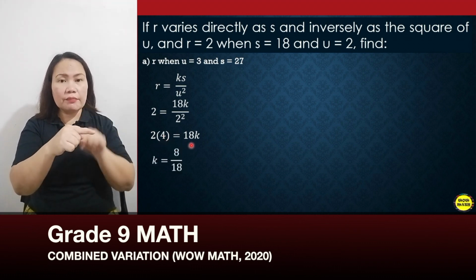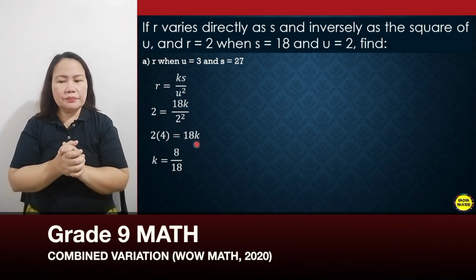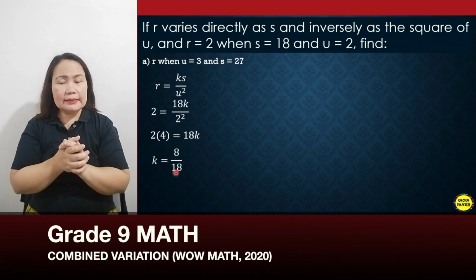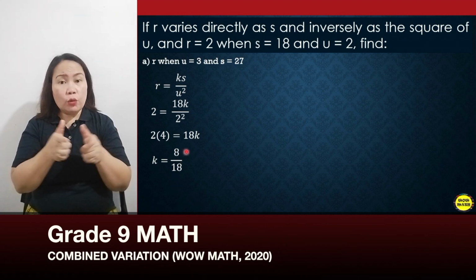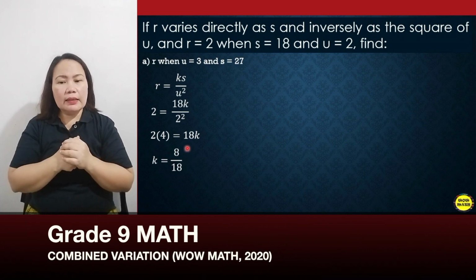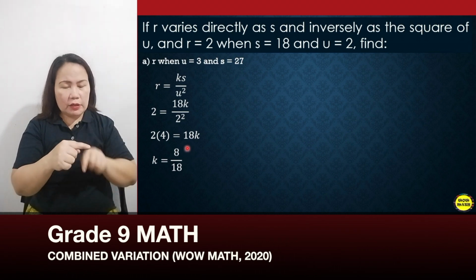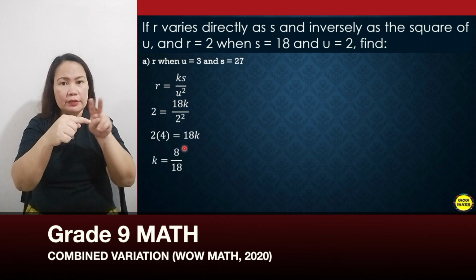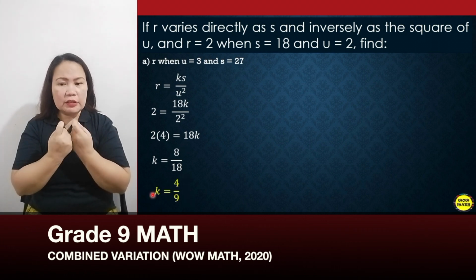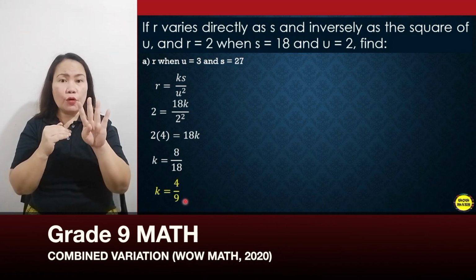So para makuha natin yung k natin, divide both sides by 18. So 8 over 18. So we can write it in lowest terms by dividing both numerator and denominator by 2. Okay, so that is 4 over 9. Okay, so yung constant of variation natin is 4 over 9.